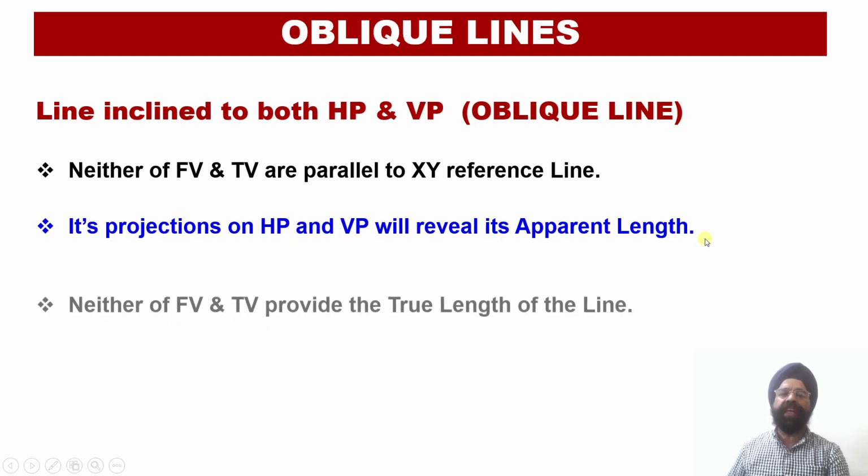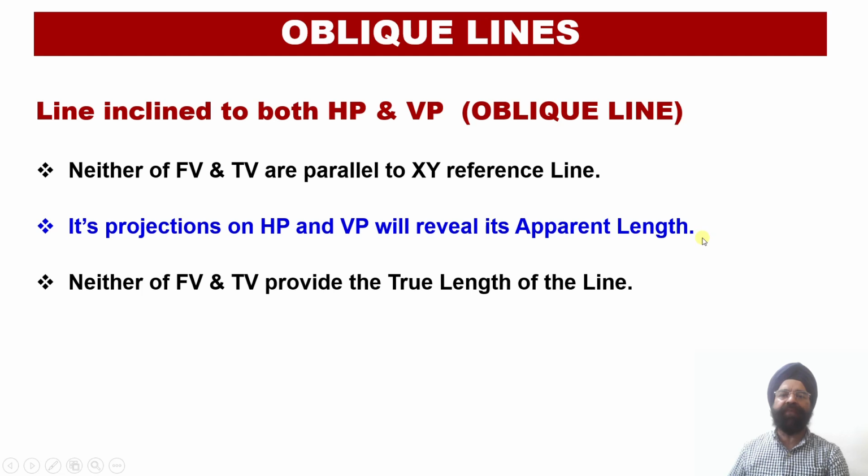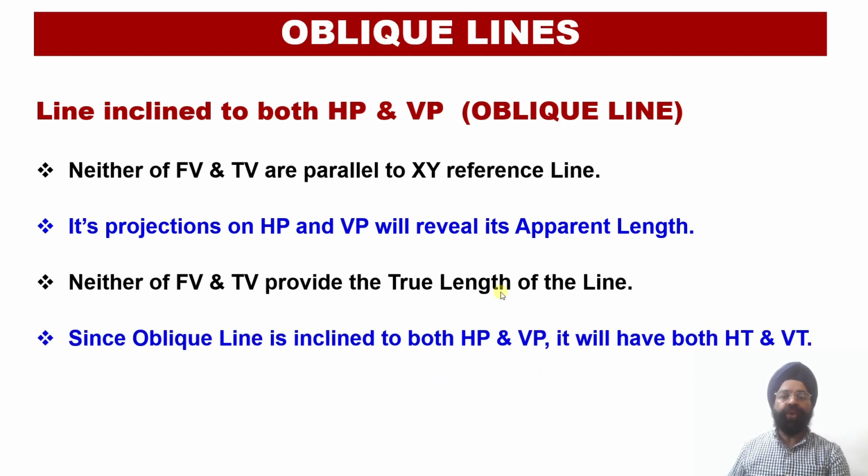Because of the inclinations of the oblique line with respect to HP and VP, we are not going to obtain the true length of the line either in the front view projection or in the top view projection. And due to the inclination of this oblique line with respect to both the horizontal plane as well as the vertical plane, we are going to obtain both the horizontal trace as well as the vertical trace.